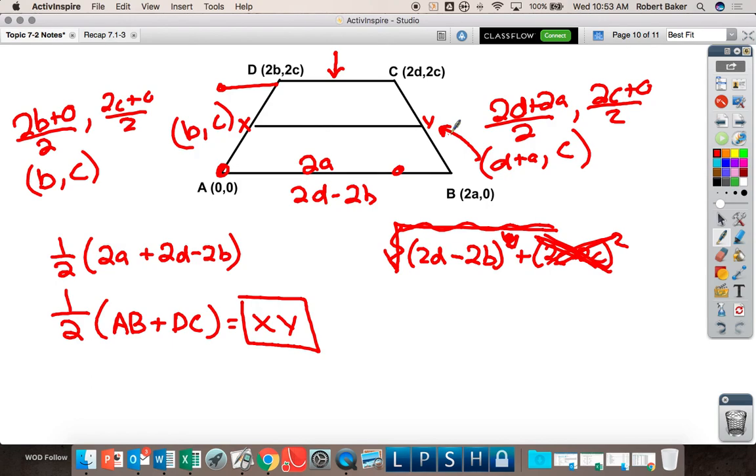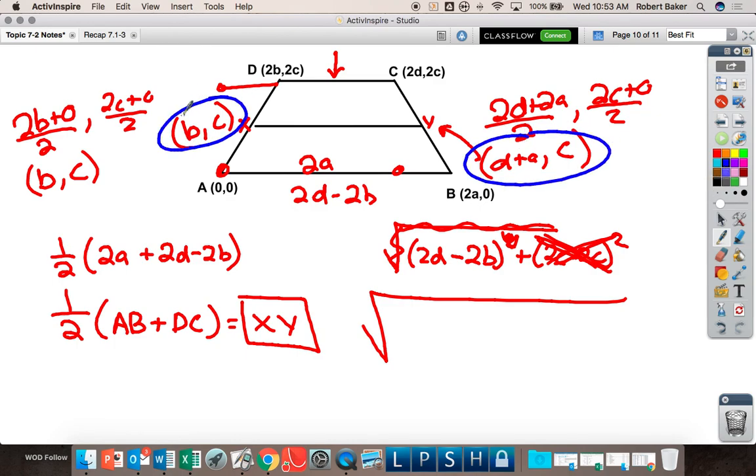We ready? There's more. We still have to find the length of XY. This is one way: you add top and bottom, right? The distance formula, x2 minus x1.